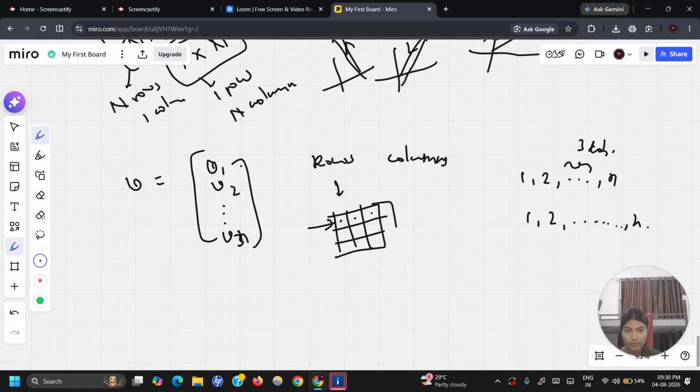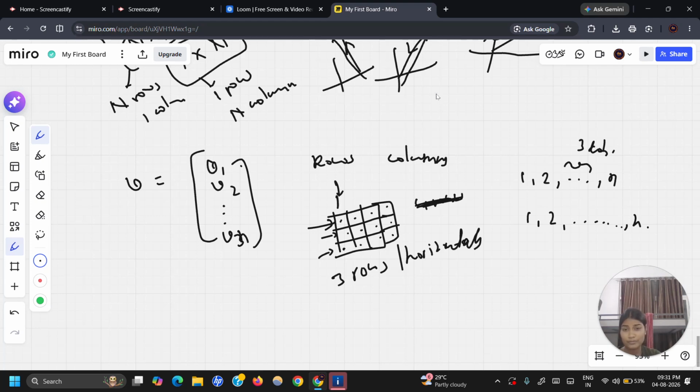There are 3 rows. So how many horizontal extents are there? There are 3 rows. That means horizontals.